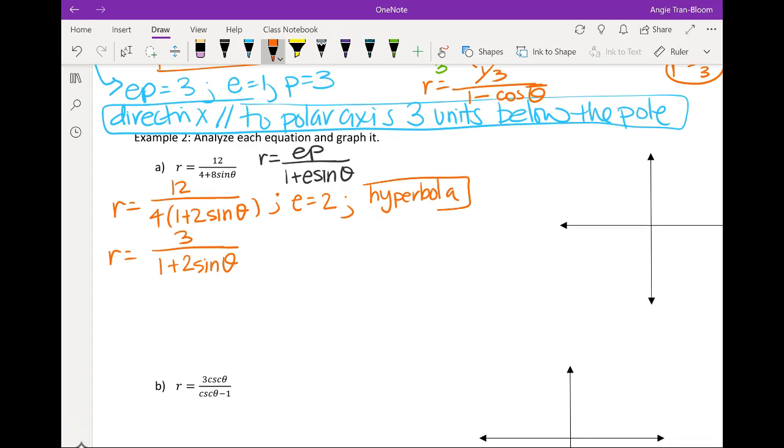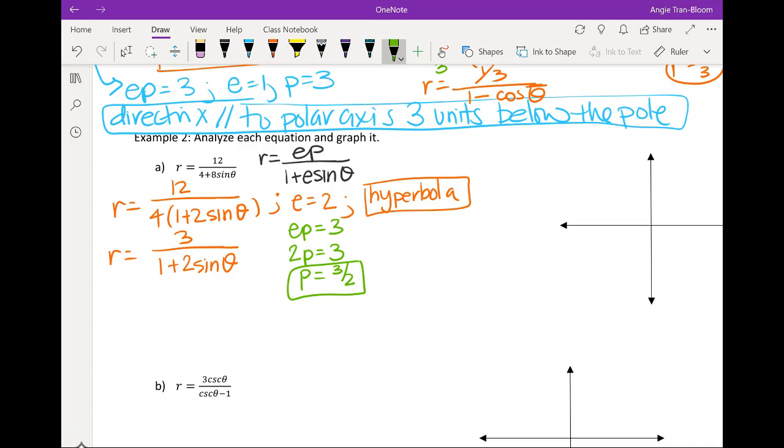Okay. Hyperbola. Perfect. e times p, y'all, equals what? 3. e times p equals 3. e is 2. Okay? So e is 2. Then what's p? Yeah, divide by 2, so 3 over 2. Although it doesn't say find the directrix, right?